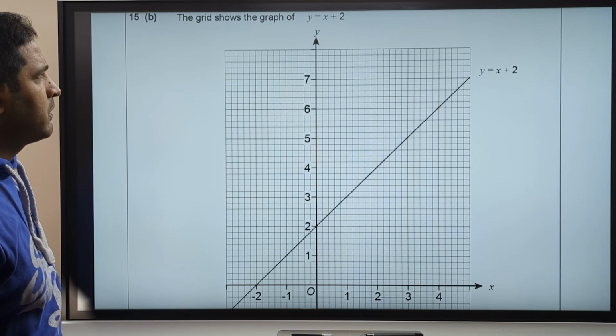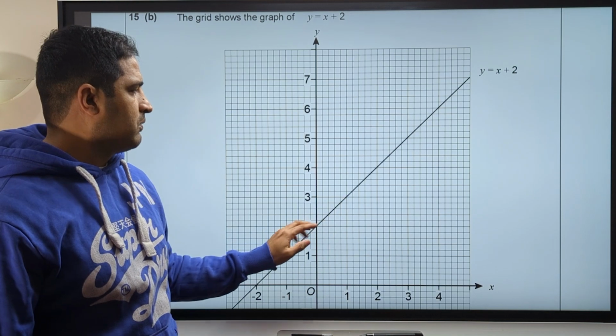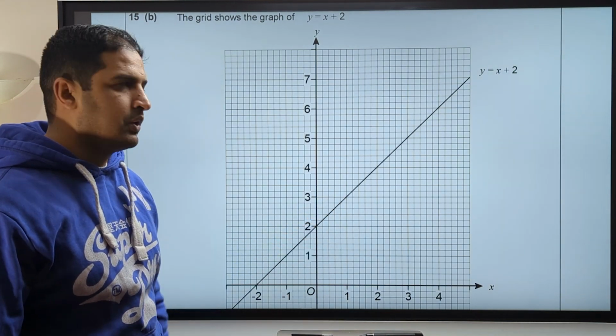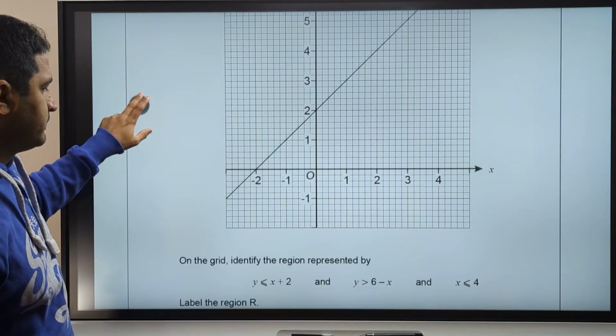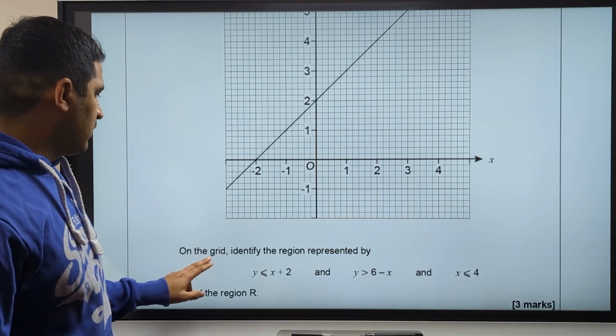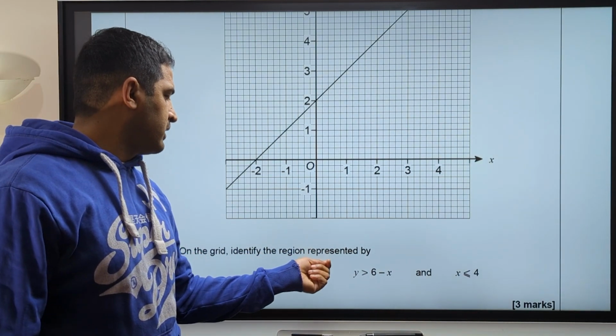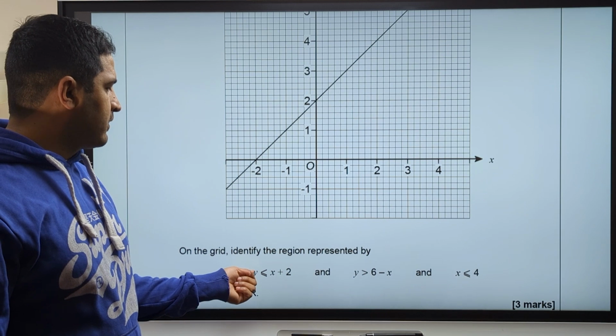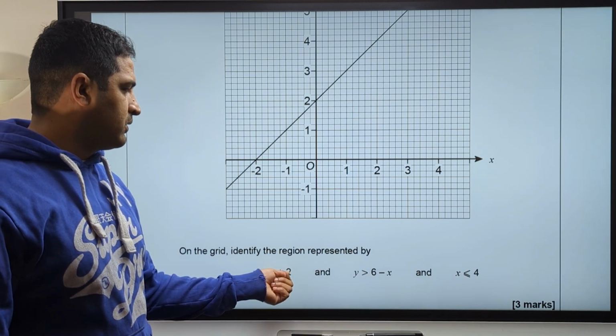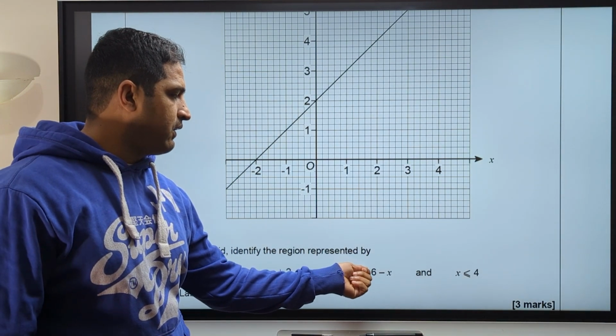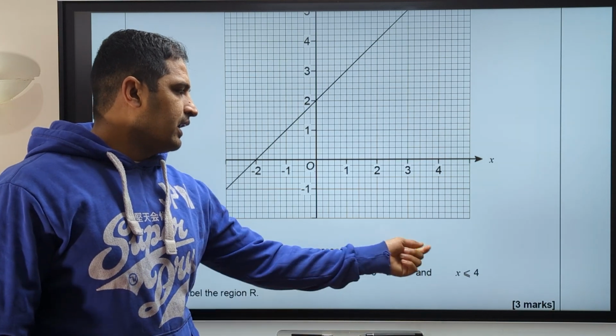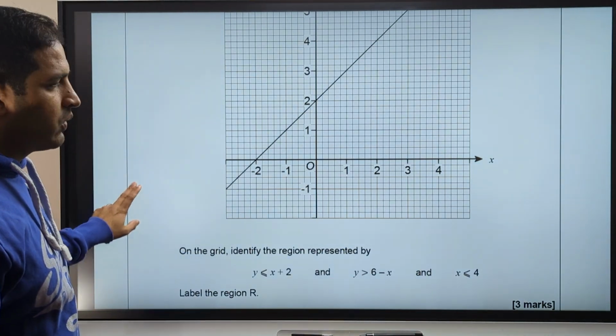The grid shows y equals x plus 2. 1 across, 1 up, and you're going through 2. On the grid, identify the region represented by y is greater than or equal to x plus 2, and y is greater than 6 minus x, and x is less than 4. It's a 3 mark question.